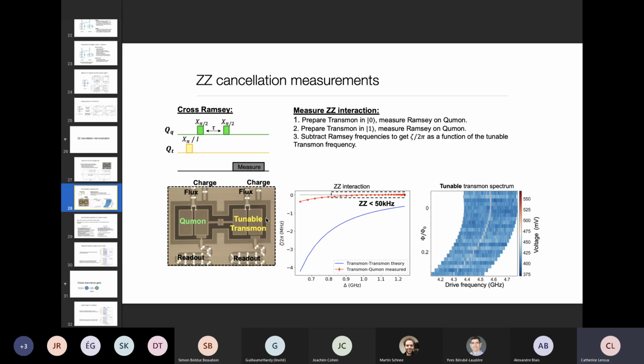We did that, well, actually, MIT did that experimentally. And what we observe is that in our system, the red line here, we can get a ZZ that is much below 1 megahertz, whereas for a standard transmon system with similar parameters, you would find a much larger ZZ above 1 megahertz.